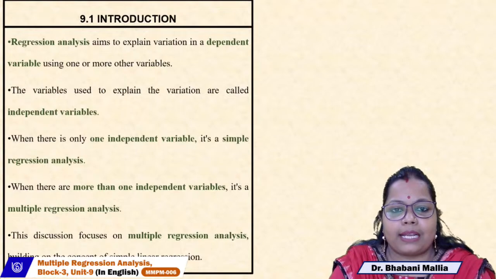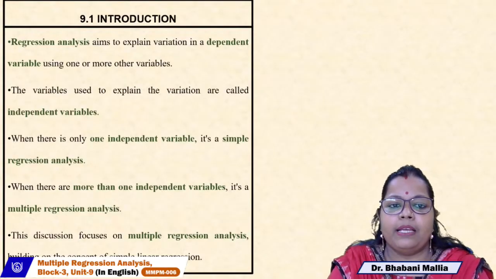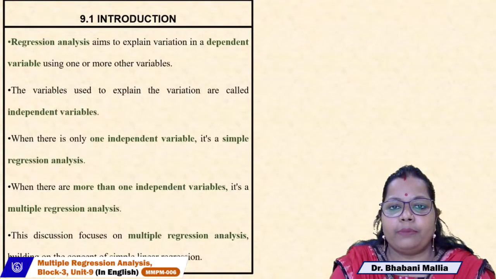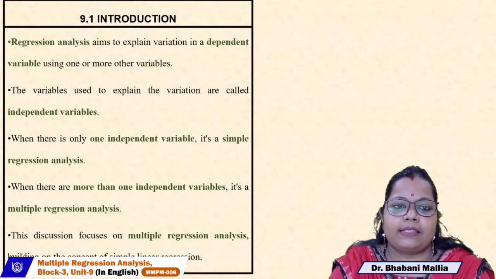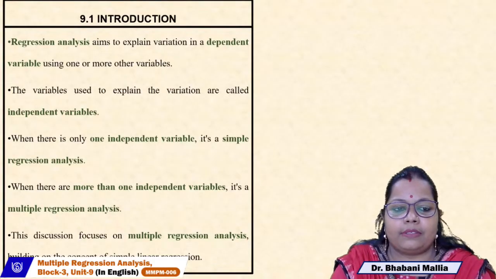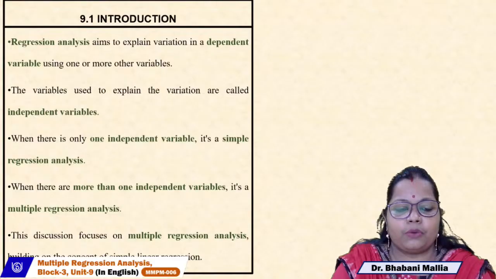These two variables actually exist in linear regression analysis. But in multiple regression analysis, as I am saying, it is multiple, meaning more than two variables exist in this topic. So the variables used to explain the variation are called independent variables, as we know, and the other variable which depends on them is known as the dependent variable.